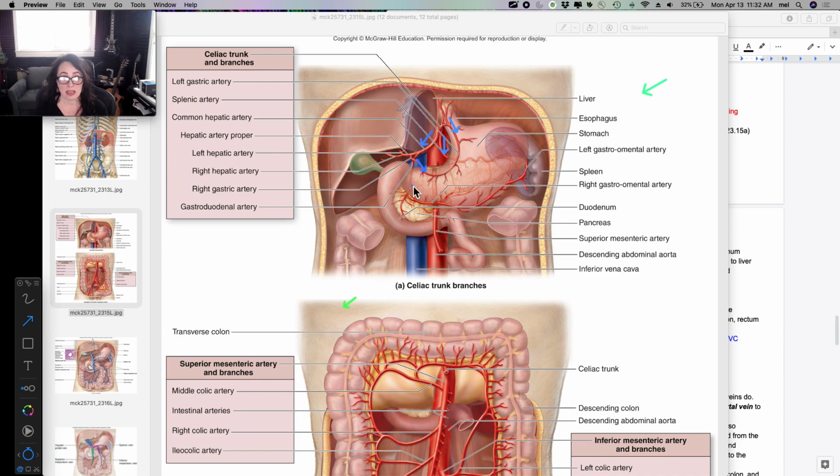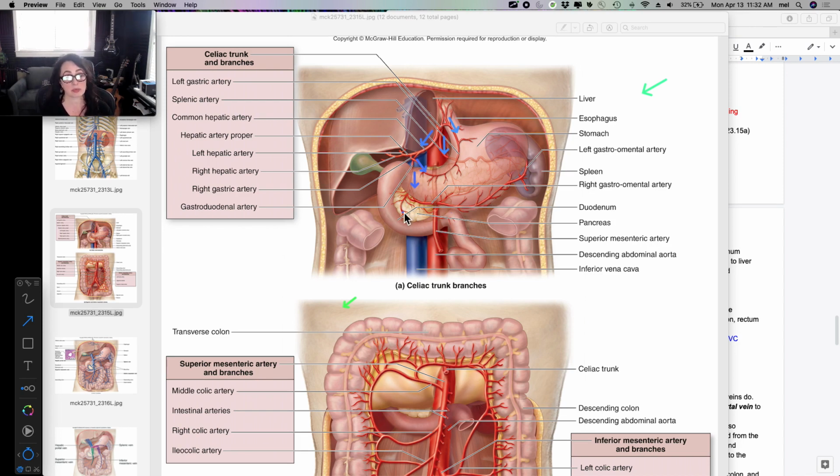Cool? Okay. This guy right here, do you see it's tucking behind the stomach? It's delivering blood supply to the greater curvature of the stomach and also to the duodenum, which is the first portion of the small intestine. So blood is going that direction. So this one, because of where it's delivering blood, is called the gastroduodenal artery.